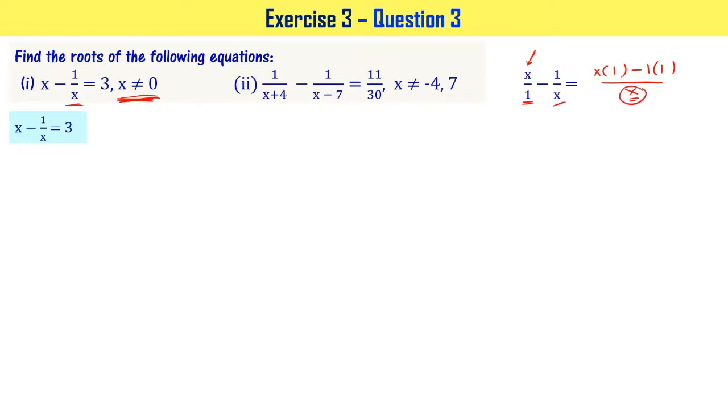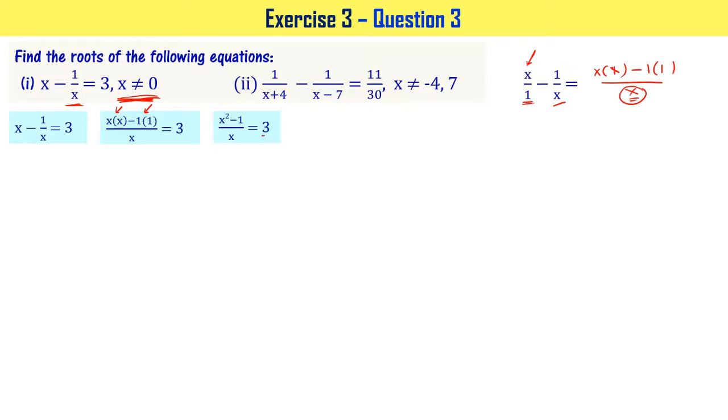Now let me write this x times x minus 1 times 1 divided by x equal to 3. X times x is x square minus 1 times 1 is minus 1 divided by x equal to 3. Let's write that x square minus 1 by x equal to 3.